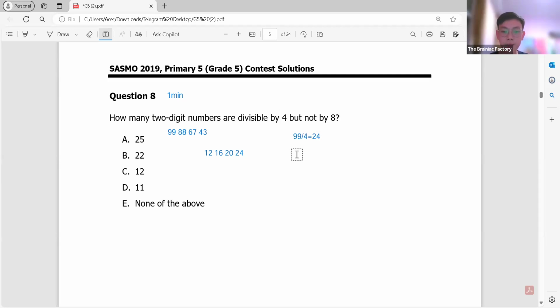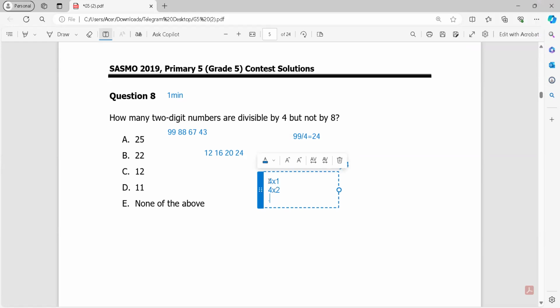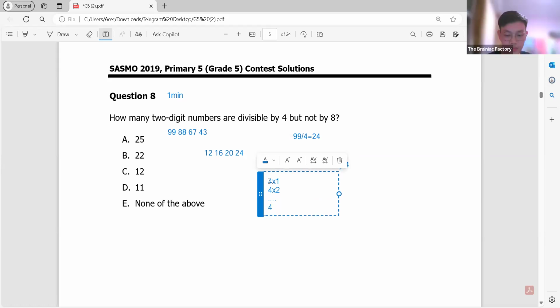So this means that between 1 to 99, we're having 24 numbers that are divisible by 4. It could be 4 times 1, 4 times 2, and so on until 4 times 24, isn't it?